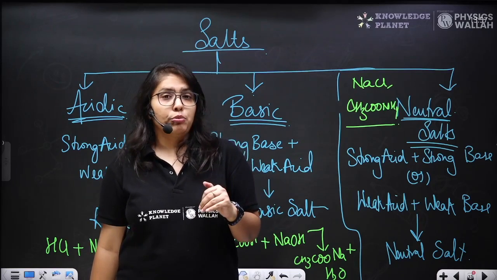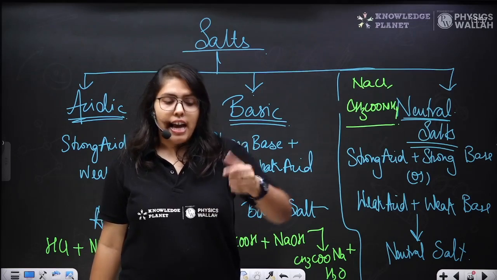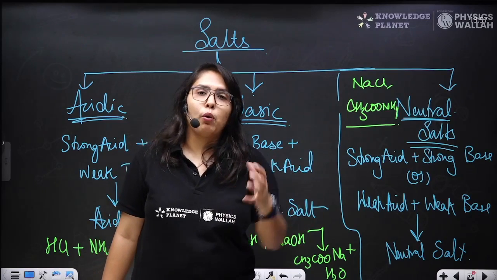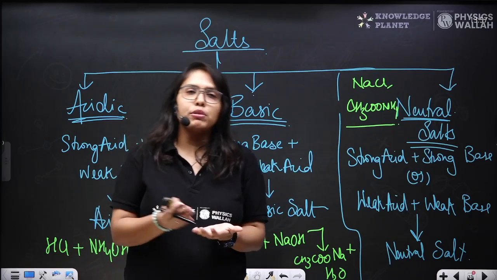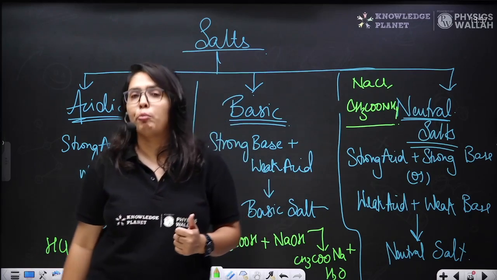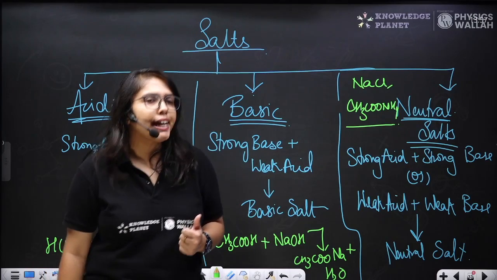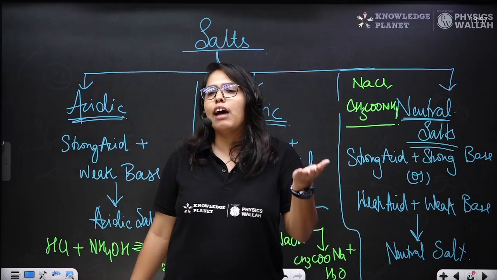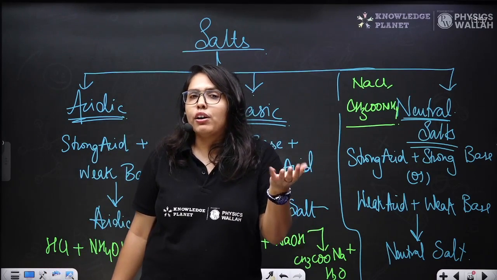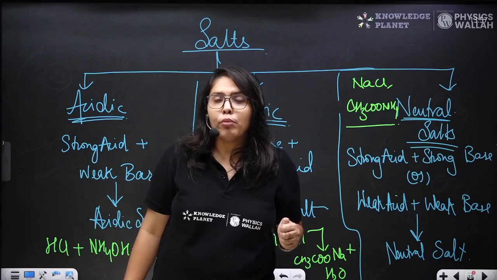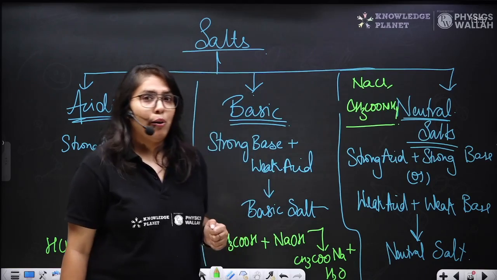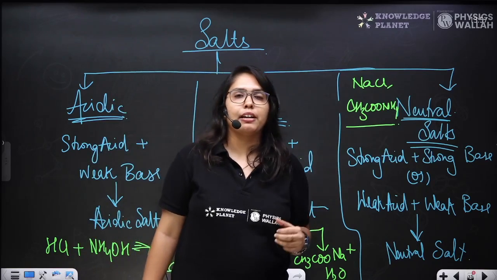So what do we do? We turn on our geyser and we fill half the bucket with hot water and half the bucket with cold water, and what we get is lukewarm water. But what if we fill more than half the bucket with hot water and some amount of cold water? Now will it be lukewarm?